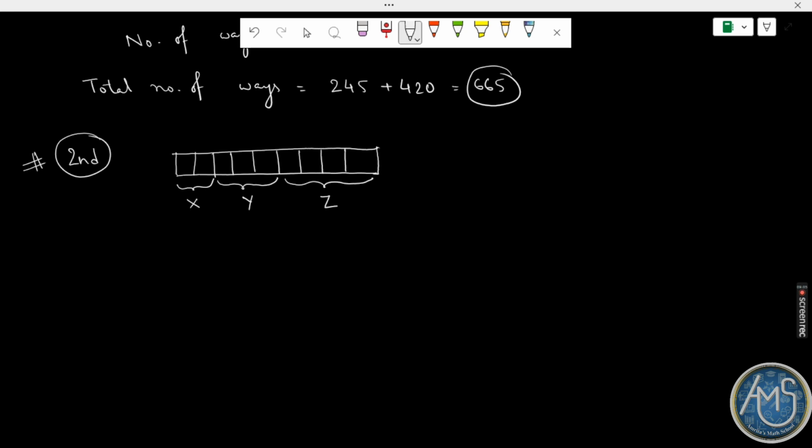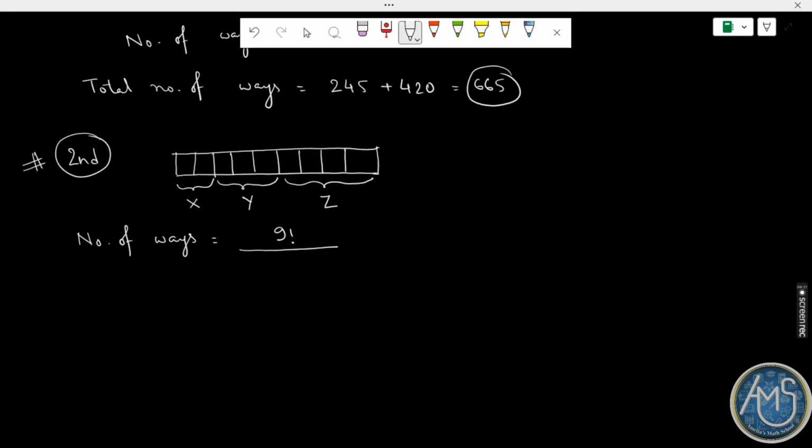I can arrange them. If there are no conditions and I have 9 students, then the number of ways to arrange those 9 students is 9 factorial.